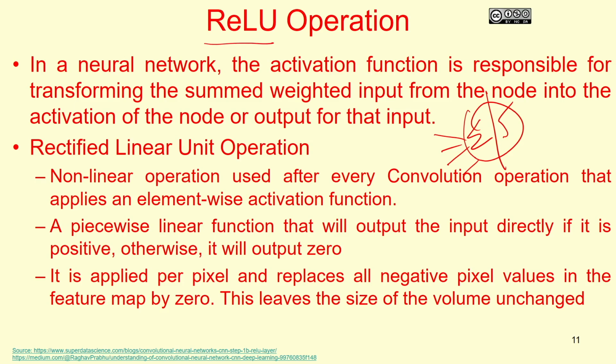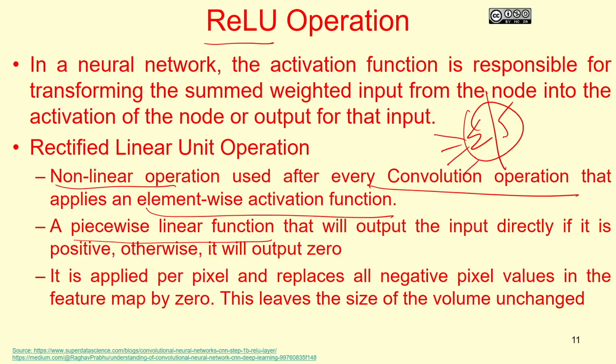This rectified linear operation is often treated as a kind of convolutional operation that applies an element-wise activation function. For each and every element the activation is carried out. So, it is a piecewise linear function that will output the input directly if it is positive, otherwise it will output 0.